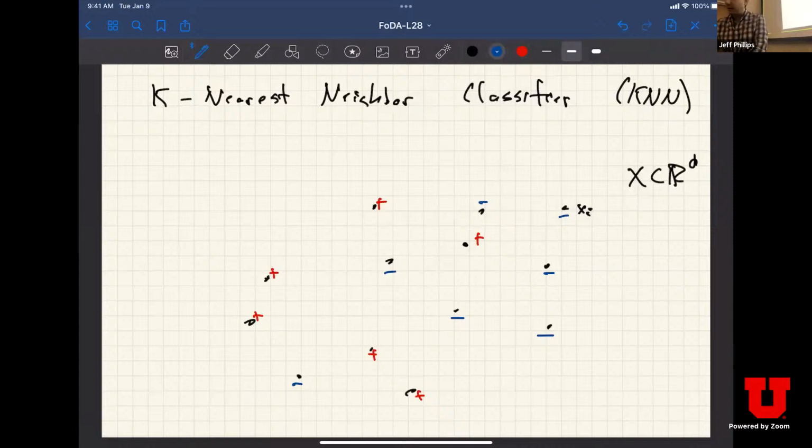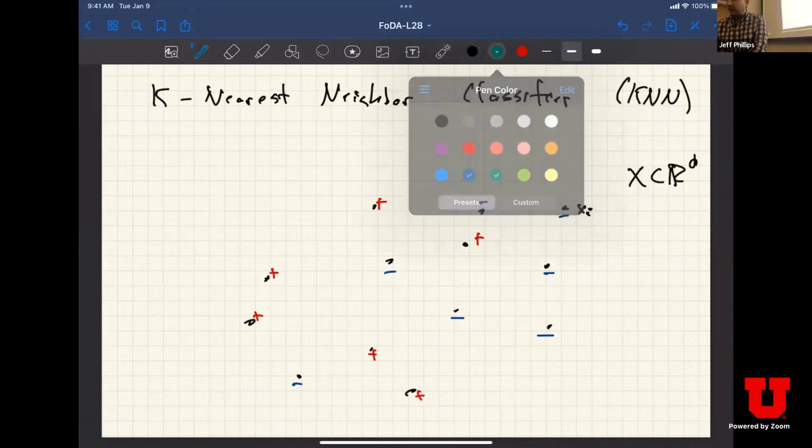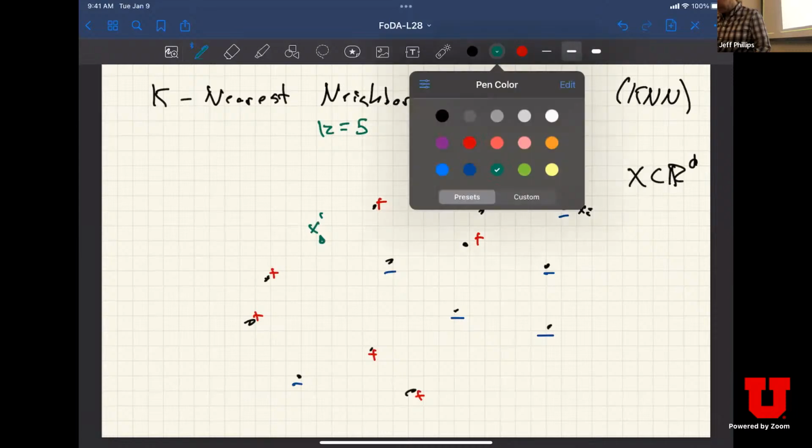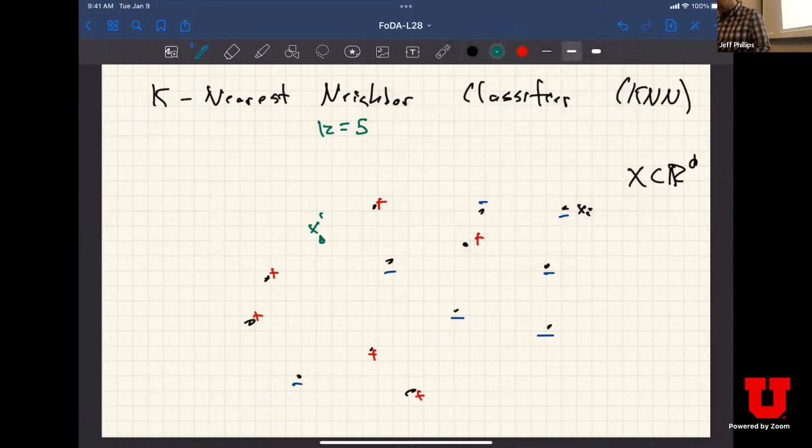Okay, and then I'm going to issue a query. So the query could be x prime, and k is going to be a number here. Let's do k equal to 5. I'm going to find the 5 closest points.